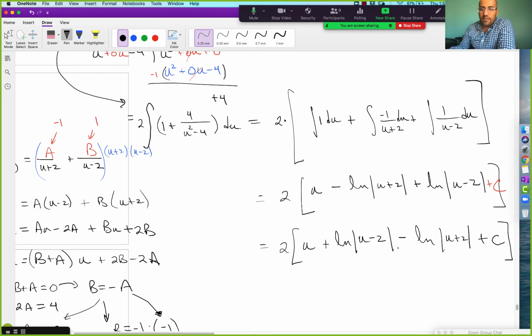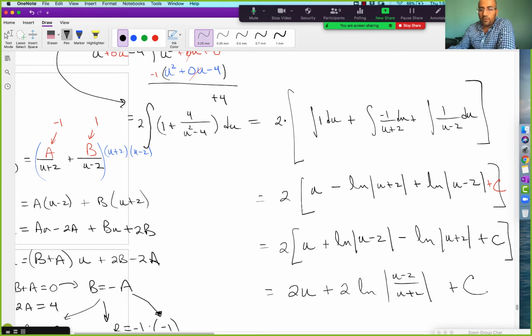And then I'm going to bring these two things together. Remember our properties for log functions. If they have the same log and we're subtracting, then we can rewrite it using division. So this would be 2u plus 2 ln of u minus 2 all over u plus 2, plus some constant.